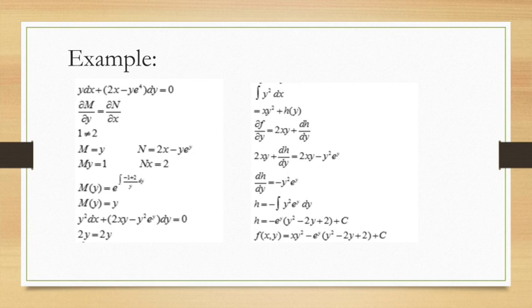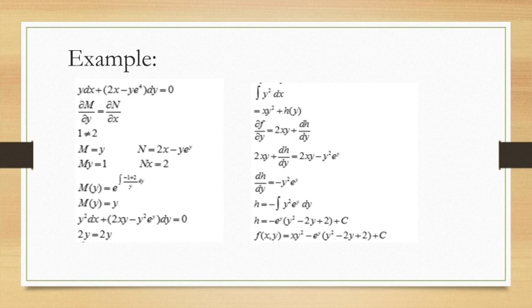Then we need to check whether ∂M/∂y is equal to ∂N/∂x. After calculating it, we get that ∂M/∂y is equal to 1 and ∂N/∂x is equal to 2. And 1 is not equal to 2, so this is a non-exact differential equation.